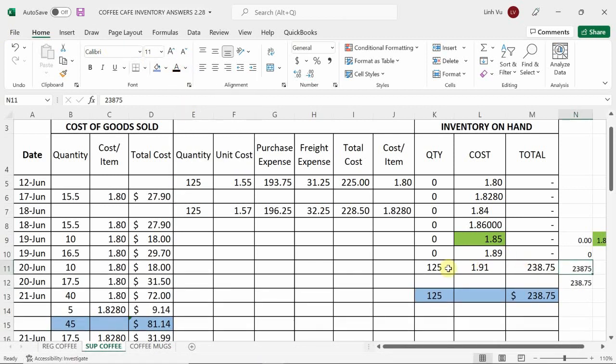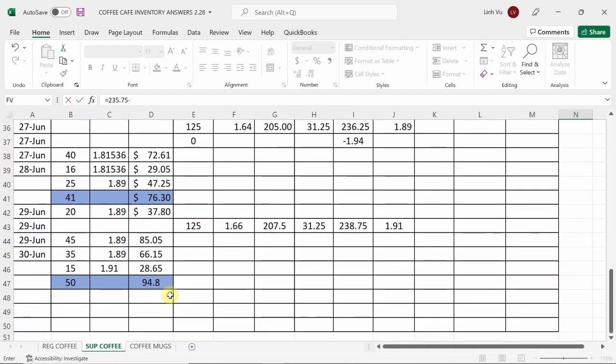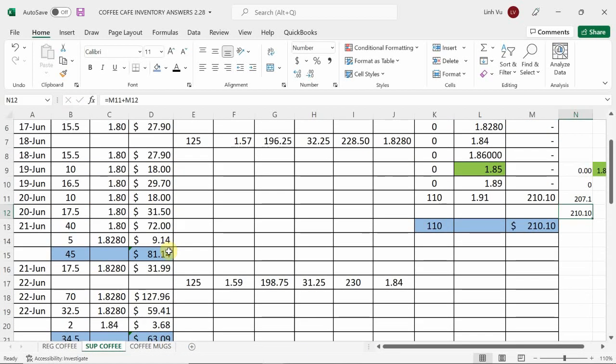Okay, so let me see. 125 minus 15 will leave me with 110 pounds left at $210.10. So in this case, $235.75 minus the $28.65 should give me a grand total of $210.10.